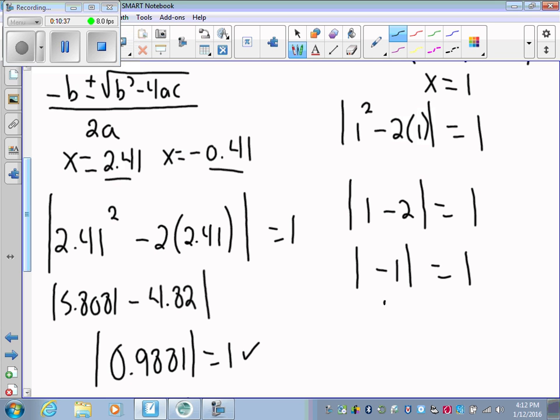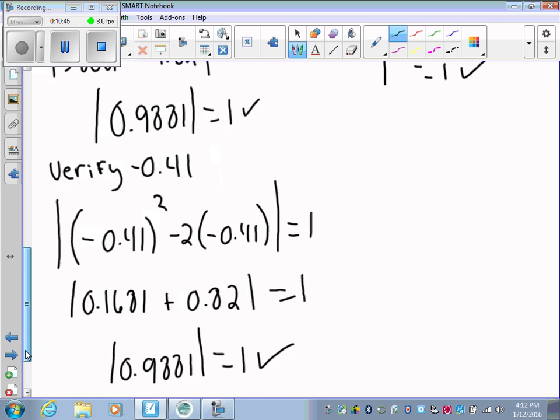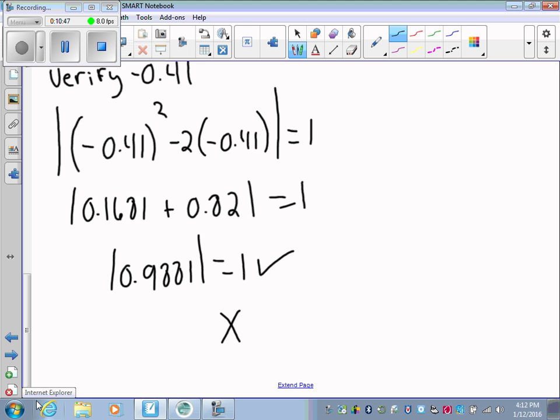The absolute value is 1, so that works as well. So all three solutions work. So we say our solution is x is equal to 2.41, negative 0.41, and x is equal to 1.